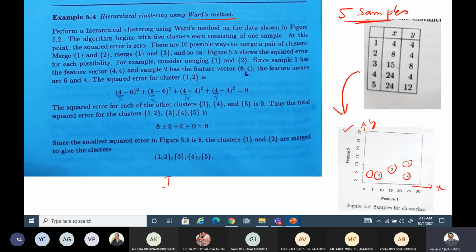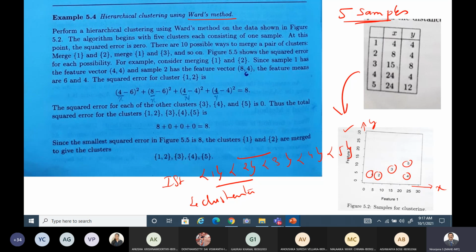Now in the first iteration, you start with 5 clusters, each individual sample as a cluster. The possible combinations of having 4 clusters are: how you can merge 2 clusters and have 4 clusters. This is one combination, or this can be another combination.